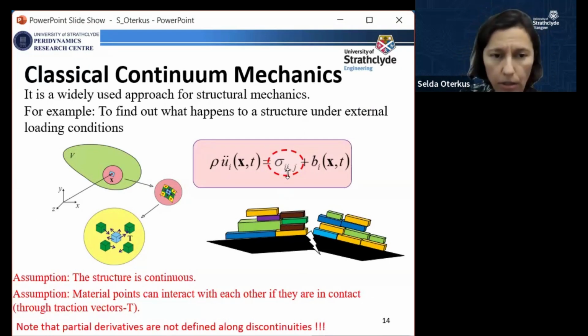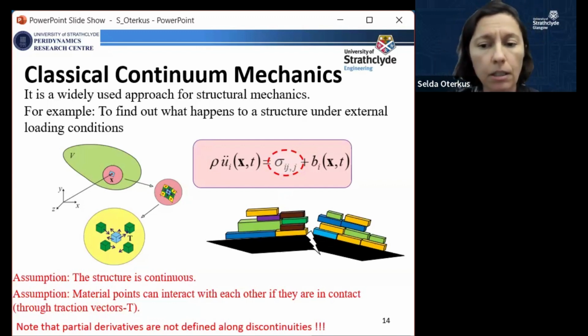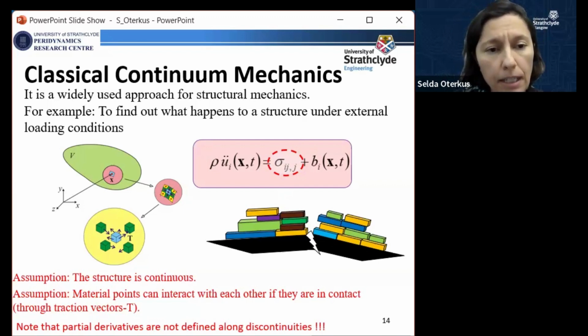Although it's a very useful equation and we use this for finite element modeling, the software is using this equation in the background to find deformation. But when there is a derivative in this term, as you see, this equation becomes invalid. So we need to come up with another form of equation so that we can easily deal with cracks.